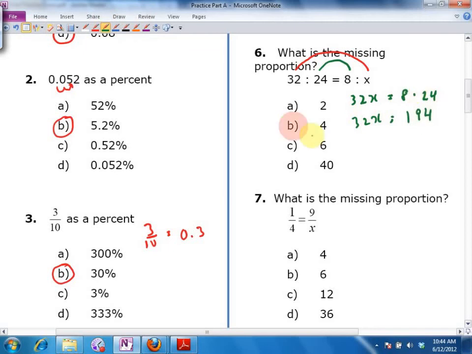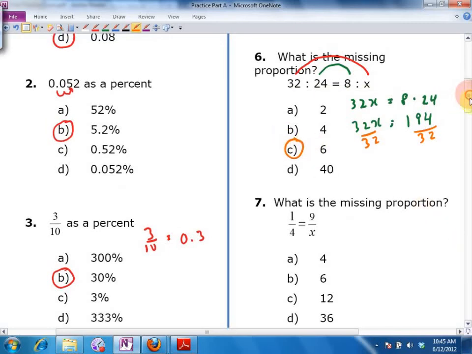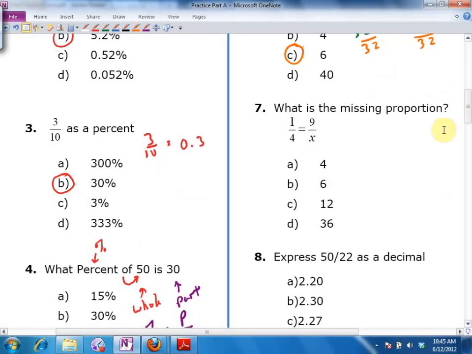And then I divide by 32 to get rid of the 32, right? And so divide by 32. And I get x equals 6. There you go. Yeah, question 6, the answer is 6. That's right.